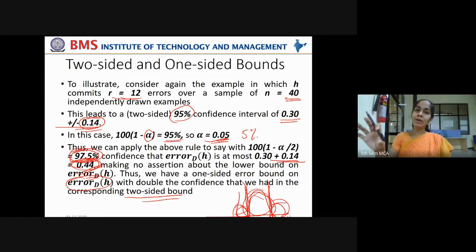Extreme errors 2.5% of the time it may make, but 97.5% of the time it falls within this particular range. Sample error and the true error will be the same. You're stating with confidence, 97.5% confidence. Did you understand now what is confidence interval and two-sided and one-sided bounds clearly?